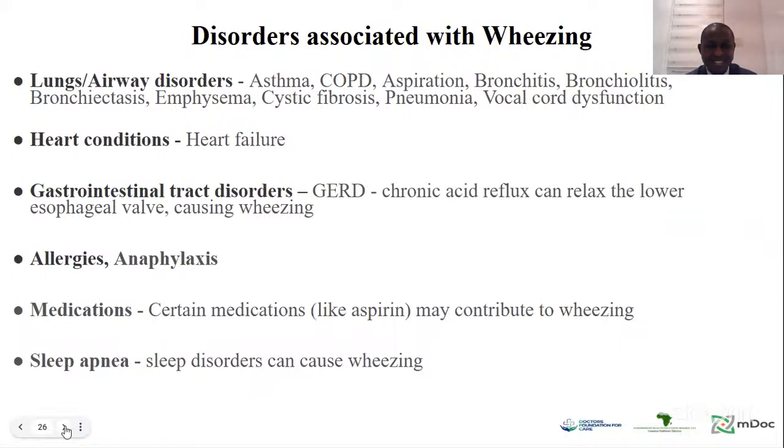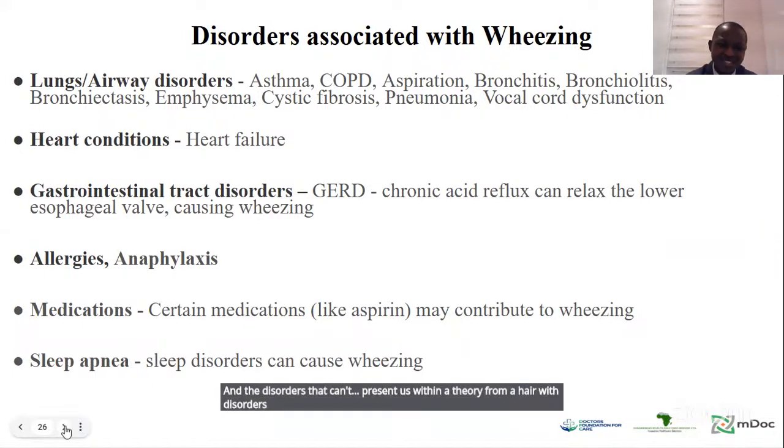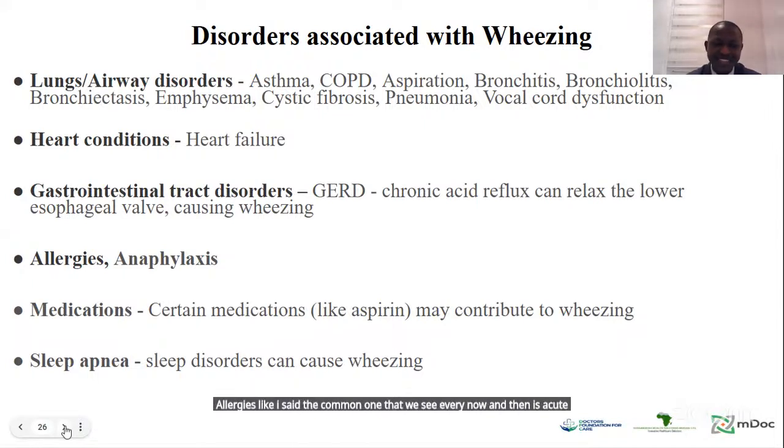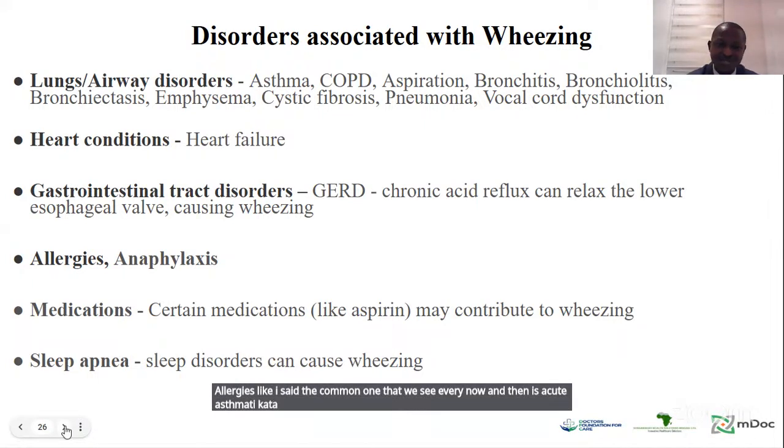The disorders that can present as wheezing are varied, from airway disorders, heart conditions, gastrointestinal tract disorders, to allergies. Like I said, the common ones that we see every now and then are acute asthmatic attack, COPD, which is chronic obstructive pulmonary disease, foreign body aspiration, and bronchitis.